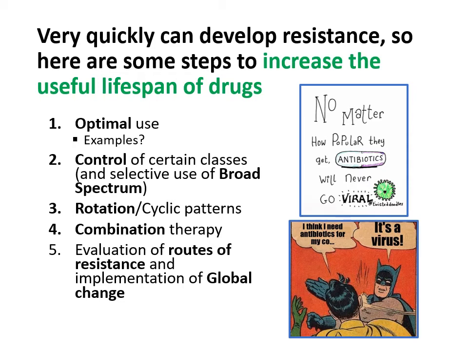But in some cases, if someone has a severe enough infection or things like sepsis, you want to try giving them as many different antibiotics as possible, because now your goal is to destroy as many of the pathogens and kind of get rid of any possible resistant ones that would flourish.